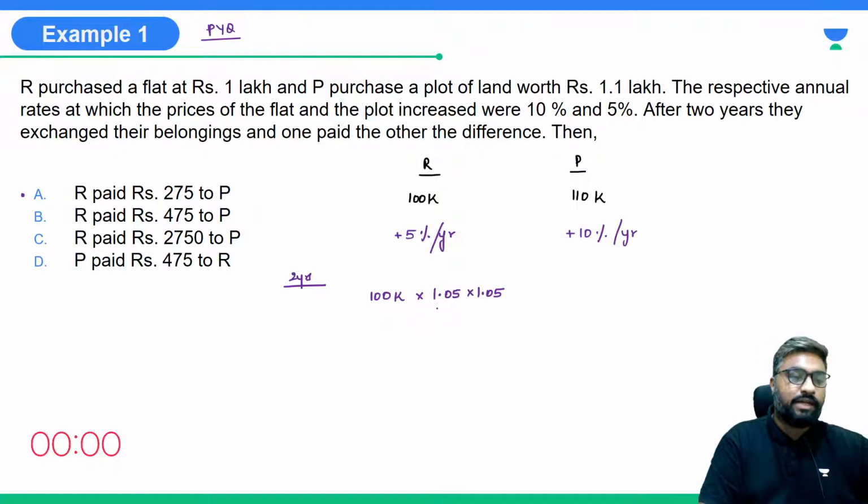We are using a multiplicative factor. This will give us 110.25k, which is basically 110,250 rupees. Okay, this is its final value.